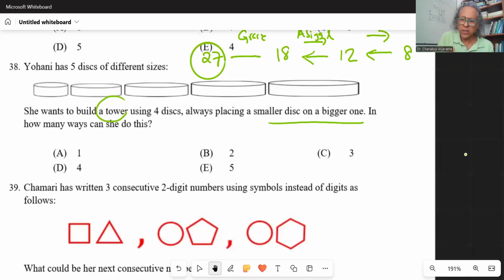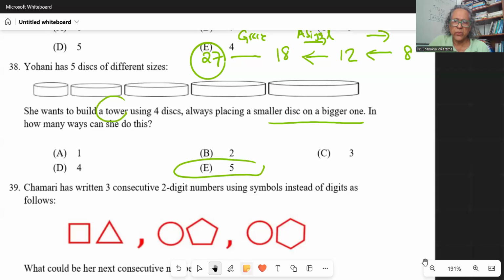You start with the big one and you take the next big one, put it on this, and then the next big one, put it on this, and the next big one, put it on this, and you have a tower. And then in how many ways can you choose 4 disks out of 5? Well, you take away 1 in 5 ways. So there are 5. So the answer is actually 5, right?